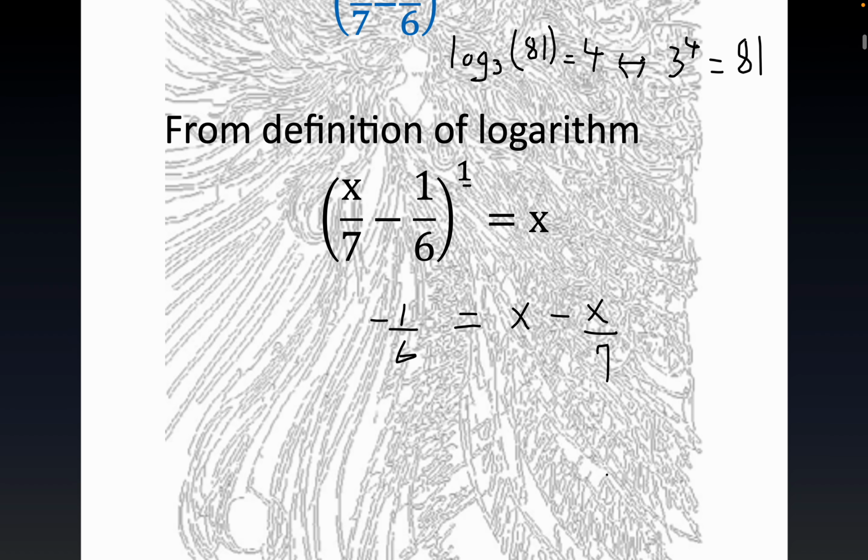Now, what is the right-hand side equal to? Well, we have minus 1/6, first of all, still on the left-hand side, is equal to, now this is 7 over 7, so this would be 6x over 7 on the right-hand side.